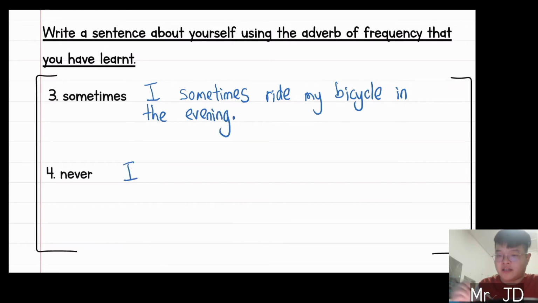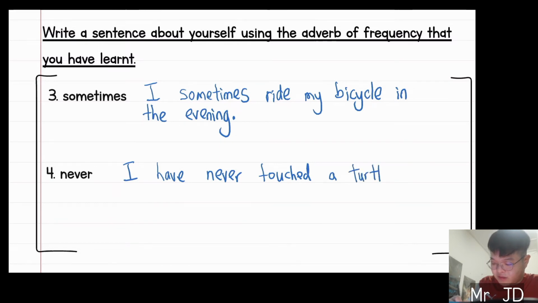What is something that I never do? Let's say I have never touched a turtle, for example. Okay, saya tidak pernah. I have never touched a turtle. Alright? That is the first activity.